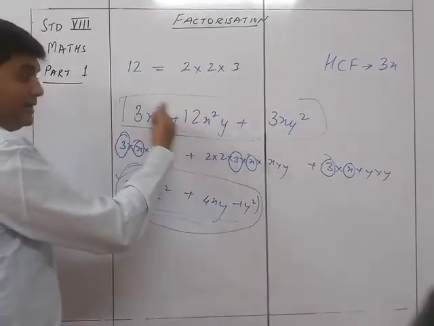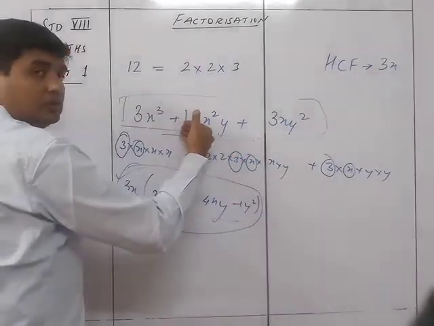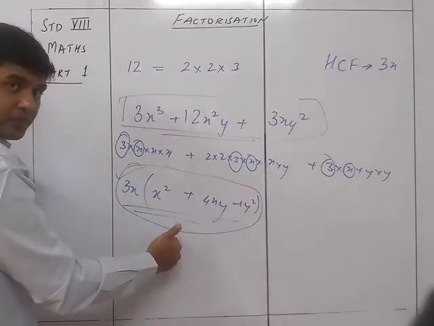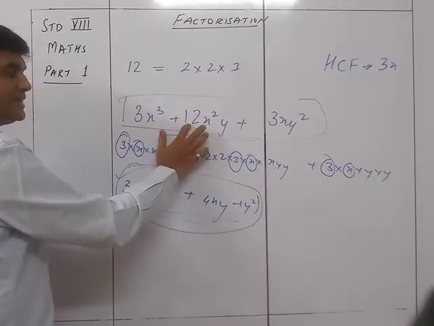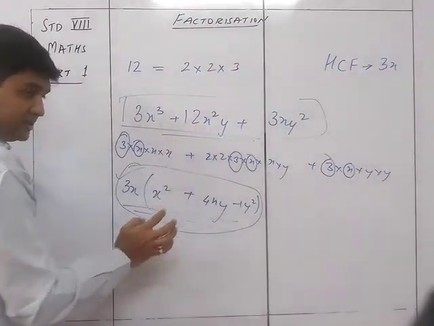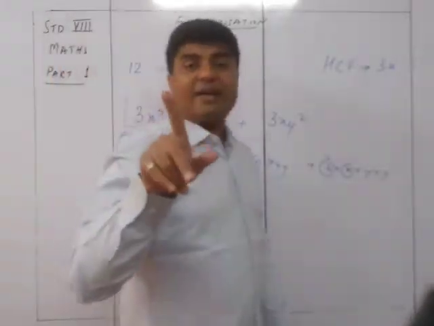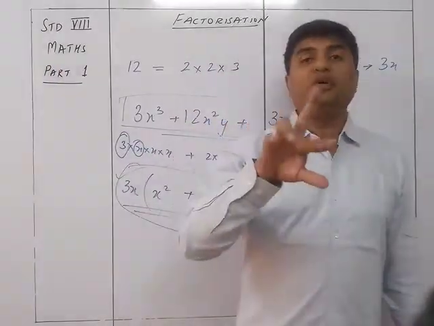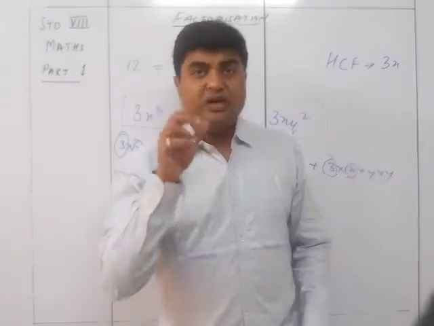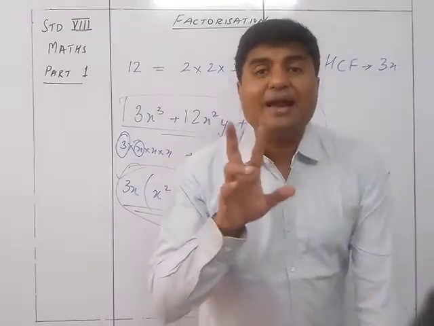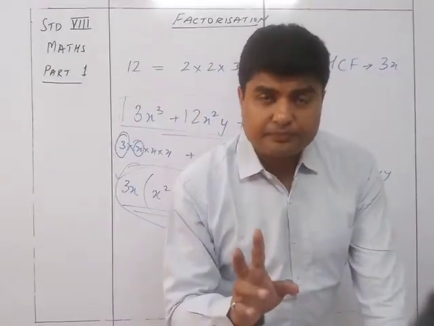Here we have done the opposite. This is the question, so this is its answer. Earlier this was the question and this was the answer. Now this is the question and this is the answer. So expansion and factorization are exactly opposite to each other. That is, multiplication and factorization are exactly opposite to each other.